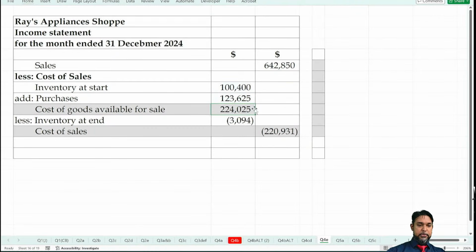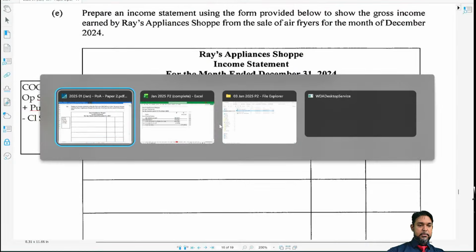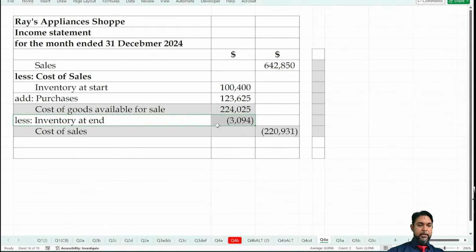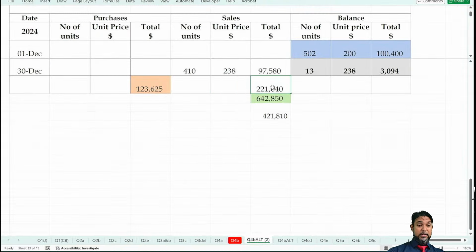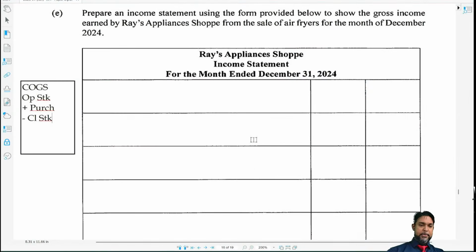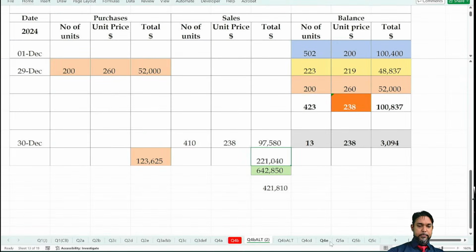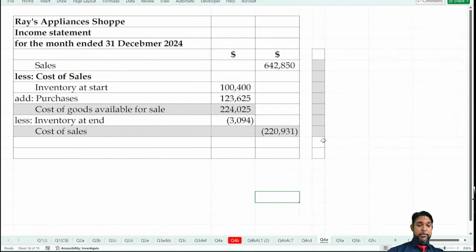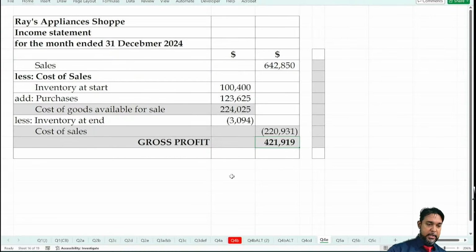This figure is the sum of those two. Again, that's optional. Inventory at end 3,094. We had that, right? Subtracting that gives 229.31. So it's a little different. That's weird. Anyway, that happens when you use AFCO. And then for your gross profit, you're just going to subtract 229.31 from the 642,850, and we get 421,990.